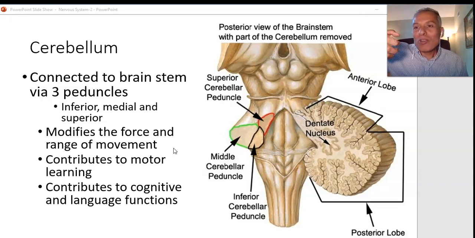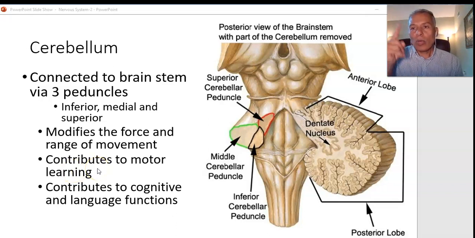If you don't press enough, that is not acceptable. It shows lack of interest. So how do you press just to the Goldilocks level, just right? That is, the cerebellum enables you to modify the force and the range of your movement. It contributes to motor learning, like sports, dancing, running, and so on.